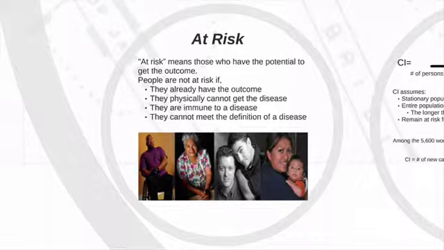Can your case of ovarian cancer arise from your pool of people at risk for that outcome? If there can never be someone who could potentially get the disease, whether it's based on their immunity status, their biological being, their characteristic like age, then they should not be in your population at risk.